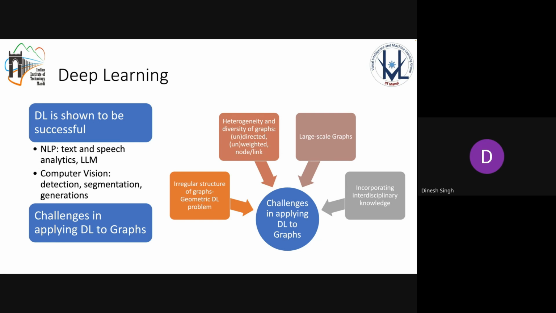sometimes graphs are homogeneous. If I say there are only researchers, and we are making a graph among them. But you can take another example, where nodes can be heterogeneous. Let's talk about researchers and research articles together. We have research articles written by many authors, and authors who have written many articles.